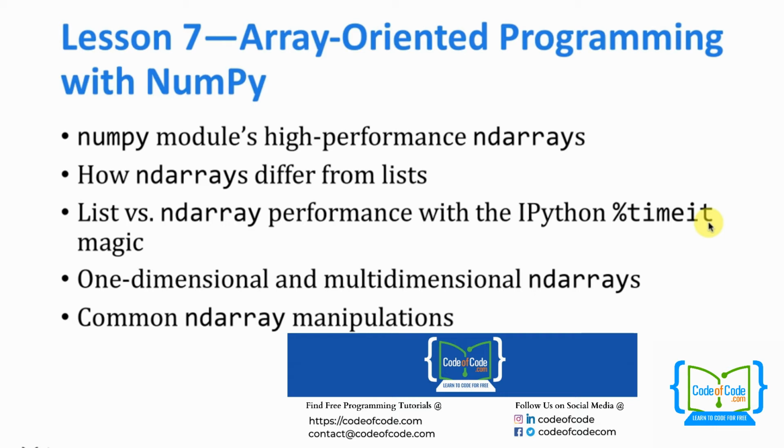We already saw lots of list processing, and as you know, we either iterated through a list using a for loop, touching each element one at a time, or we might have used, for example, a list comprehension, which still touches each element one at a time sequentially. But with ND array manipulations, a lot of them can be parallelized on the multi-core architectures of today's computers, and that enables them to execute with a much higher level of performance.